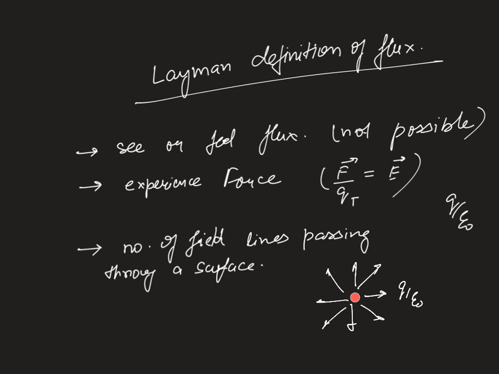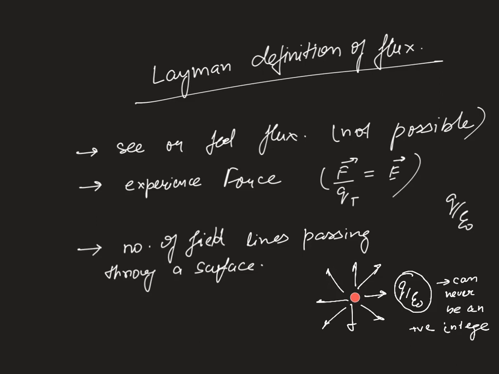How many lines you want, you can draw coming out of it. But this physical quantity Q by epsilon naught can never be an integer, not a number. We will always have a number, but it can never be an integer or a positive integer.